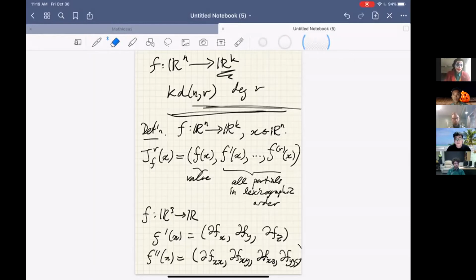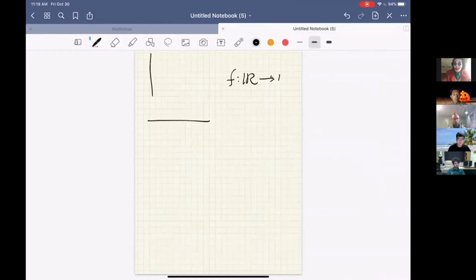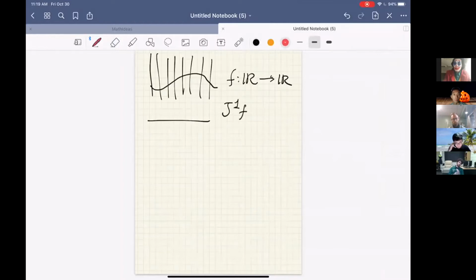Okay. So let me draw a picture of what a one-jet looks like. Remember, if I have a function from R to R, I can look at its graph. And then J1 of f will have the same graph as above, but with extra information: it's going to have the first derivatives recorded.